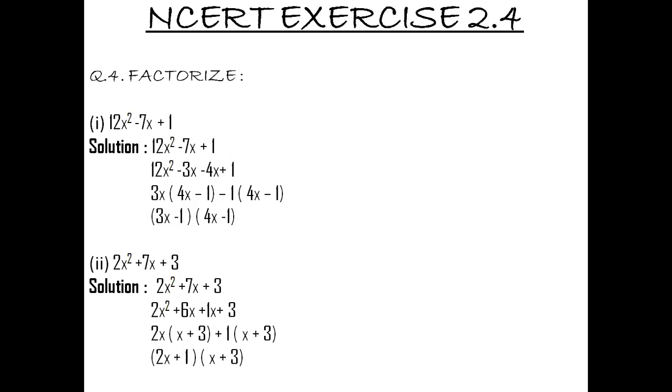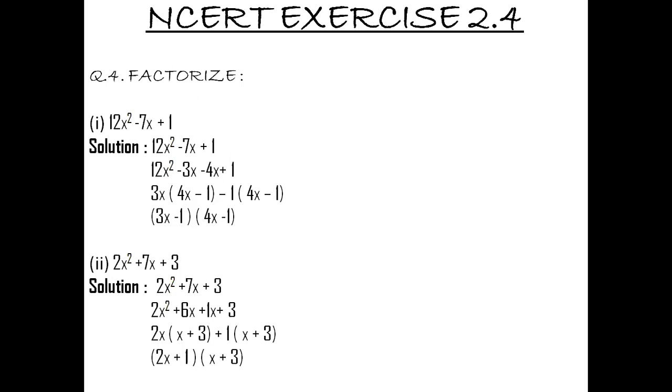Let me explain again. The first term is written as it is, 12x squared, and the middle term, that is minus 7x, is split into minus 3x minus 4x, and then plus 1, which is the last term. Now in the third line, what I've done is made pairs. The first 2 terms become the first pair and the last 2 terms become the next pair.